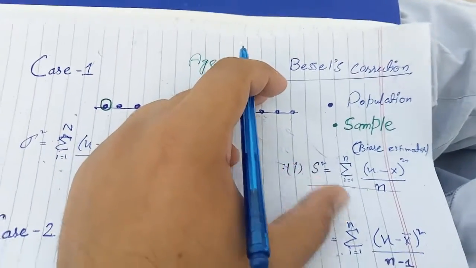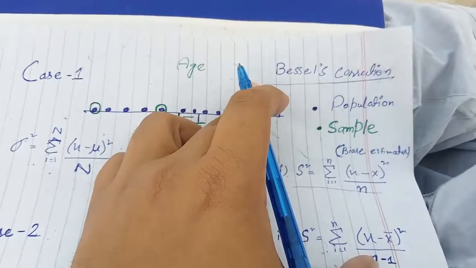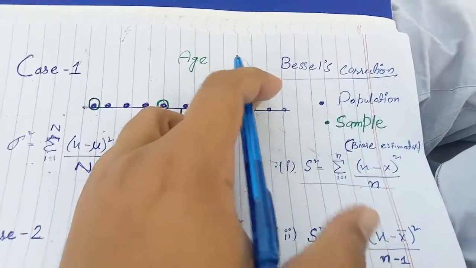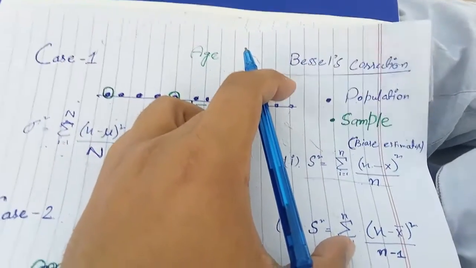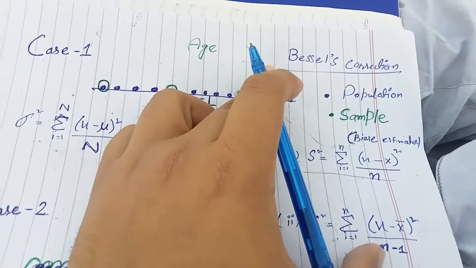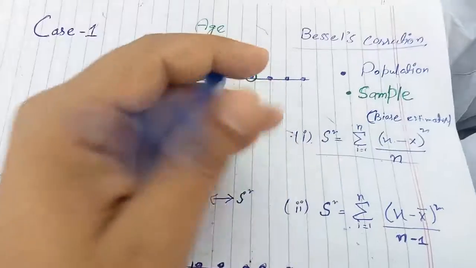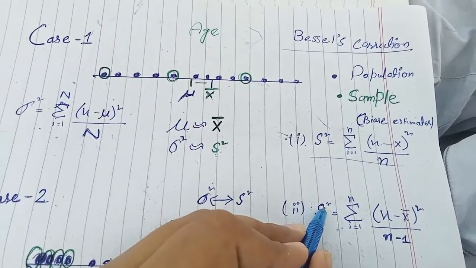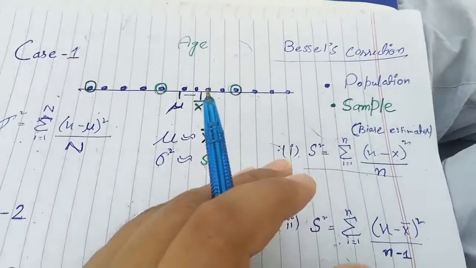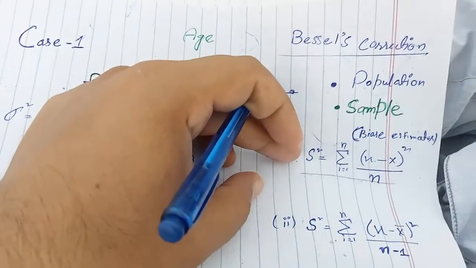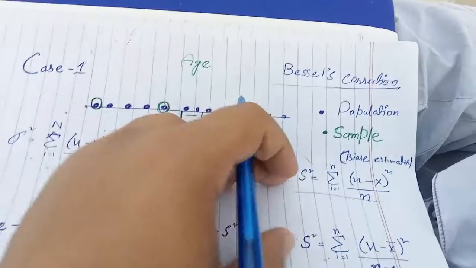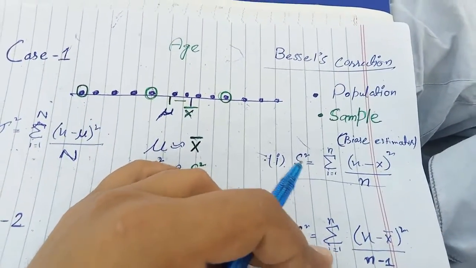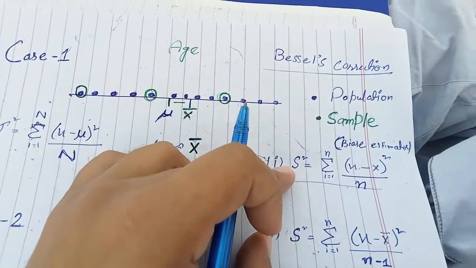That is the reason why, when they made many experiments, they divided with n minus 1, n minus 2, n minus 3, but in the end they saw that dividing with n minus 1 and calculating the sample variance gives a little bit bigger value compared to this. When we calculate the sample variance with this formula, it gives a bigger value compared to the other formula.